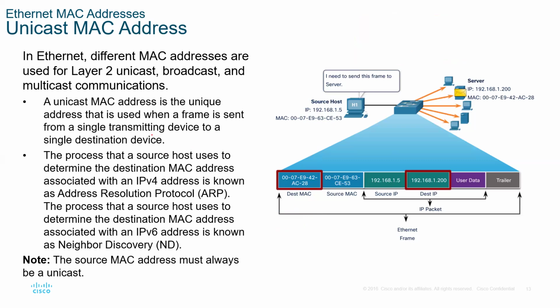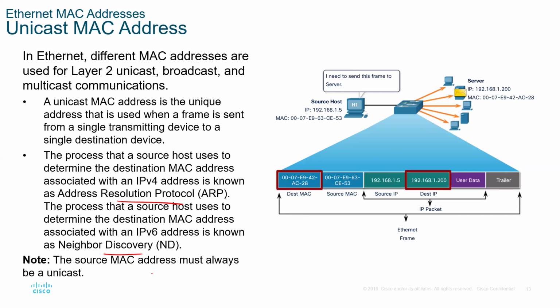If you have an IP address and you want to know the MAC address of that given IP address, you use the Address Resolution Protocol. And if you have an IPv6 address and you want to find the MAC address corresponding to that IPv6 address, we have what we call neighbor discovery. We'll discuss those with time.